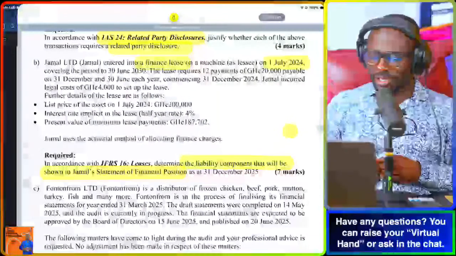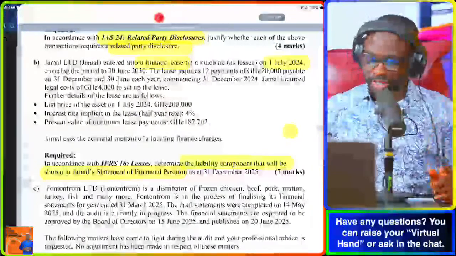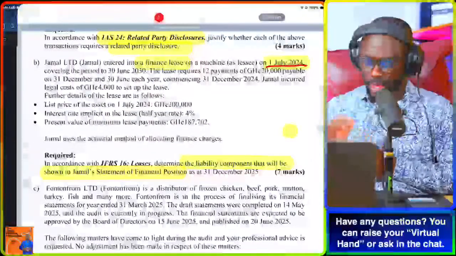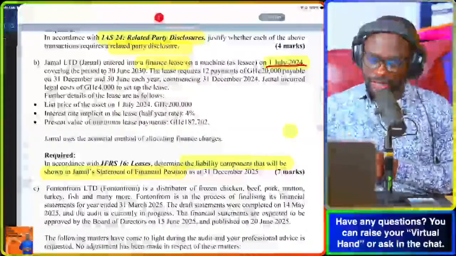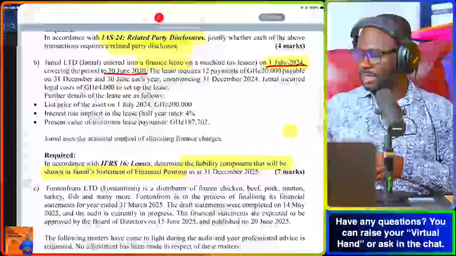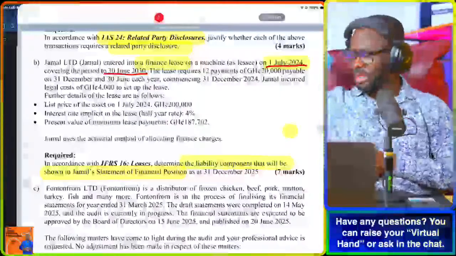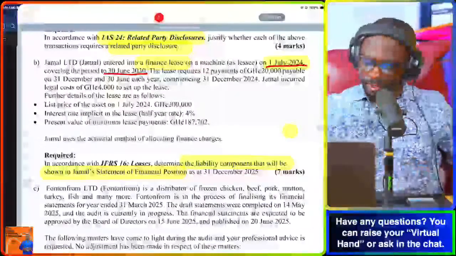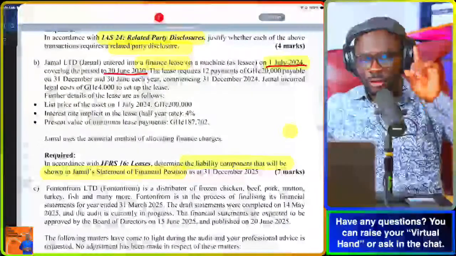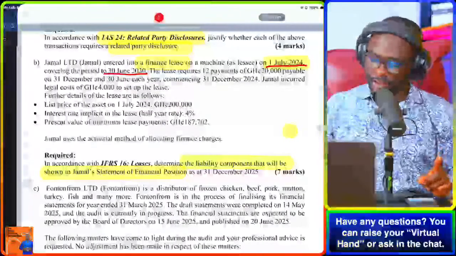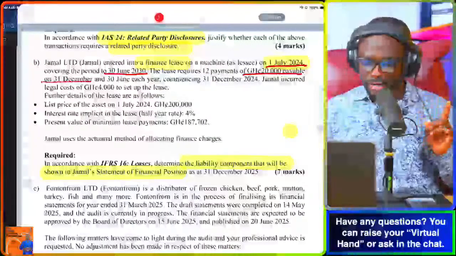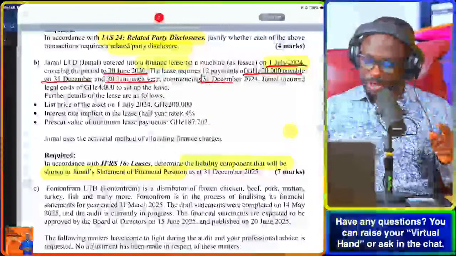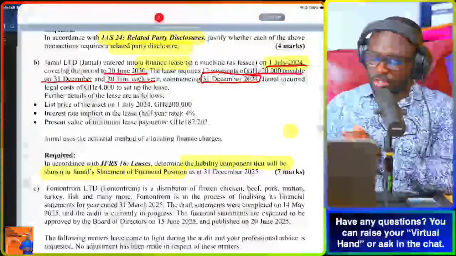So they entered into the lease on 1st July 2024. That's important information for us. That is the inception of the lease, 1st July 2024, covering a period to 30th June 2030. The lease requires 12 payments of 20,000 payable on 31st December and 30th June each year, commencing on 31st December 2024.